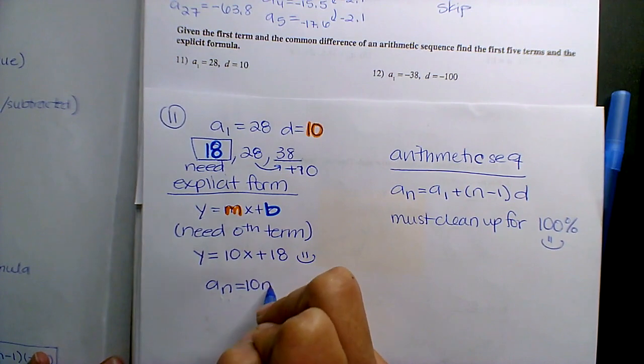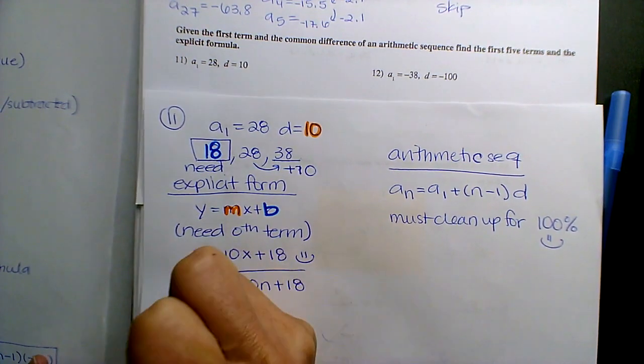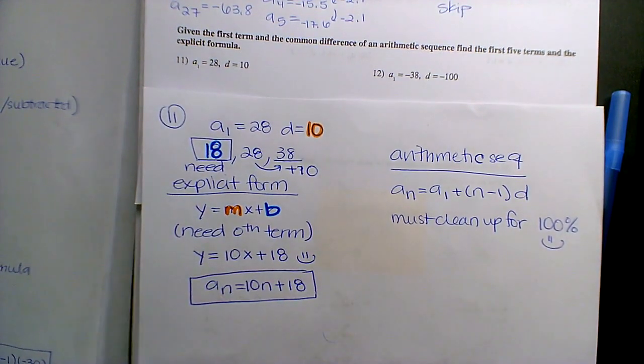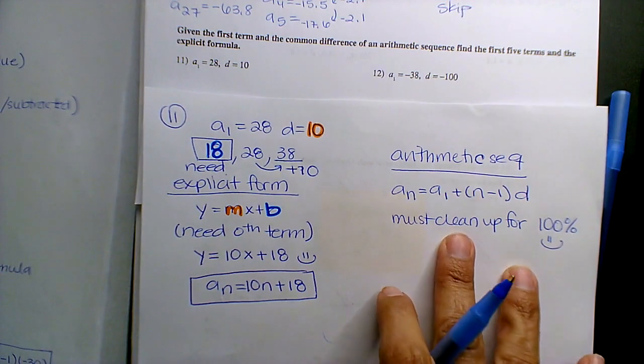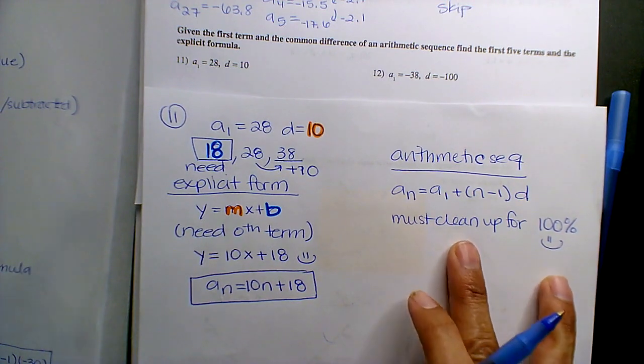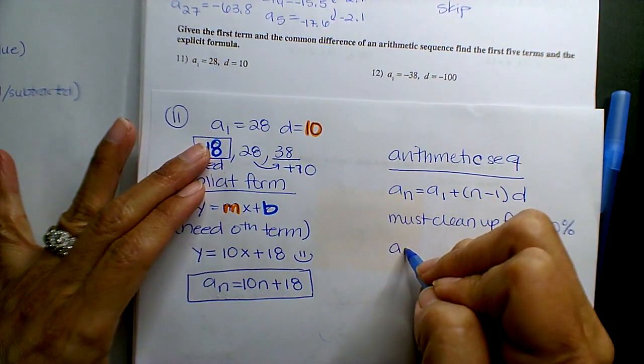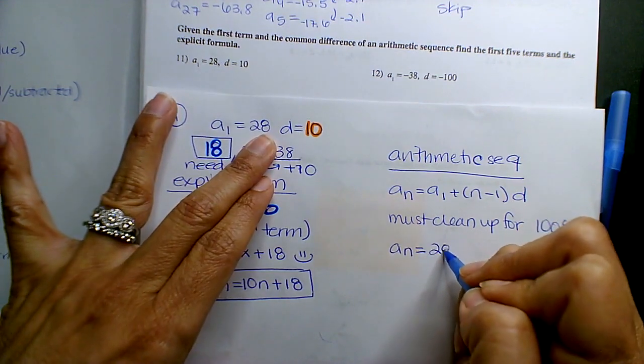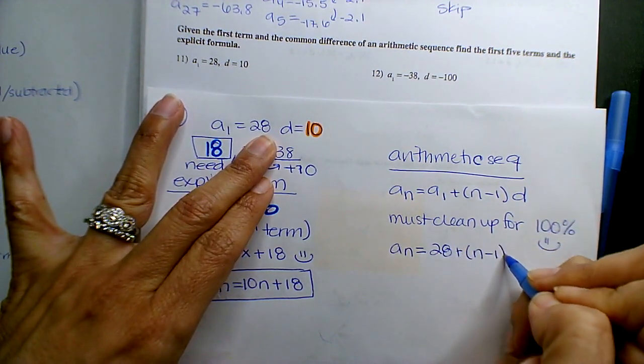We want sequence variables. You're not wrong, though. Yeah? Okay, if you want to do the arithmetic sequence form, our first term is 28, n minus 1.